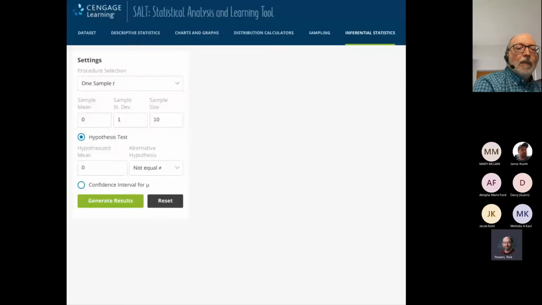All right, so I'm in SALT, doing 1 sample T. And I'm going to put in my numbers. Jacob, can you tell me what numbers I'm going to put in these blanks based on what I have in the agenda?